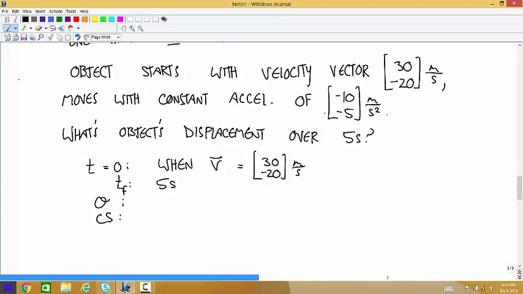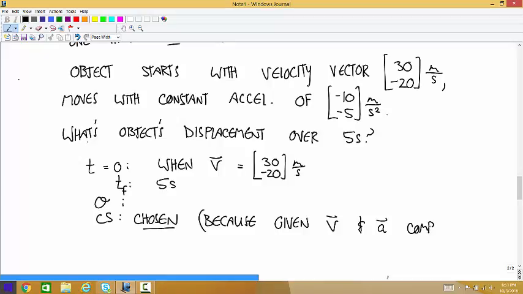So at least the coordinate system orientation already has to be defined for us to have this in components. So this is already chosen, because we're given velocity and acceleration components.